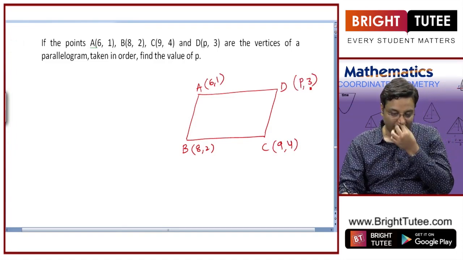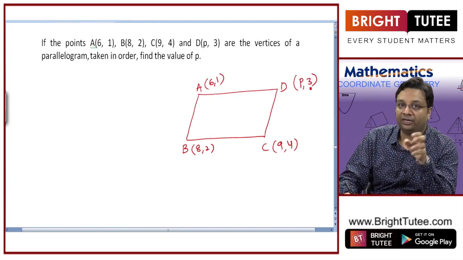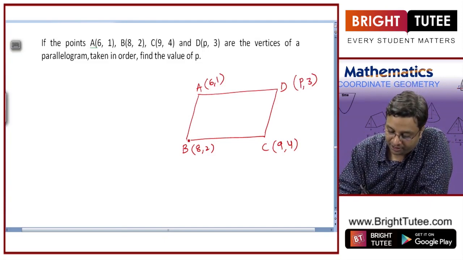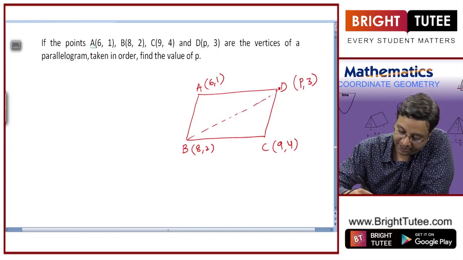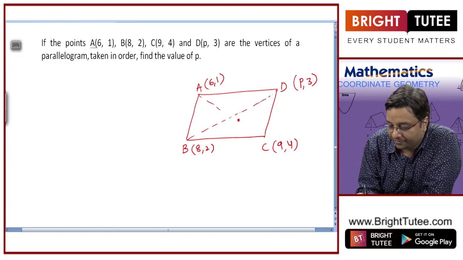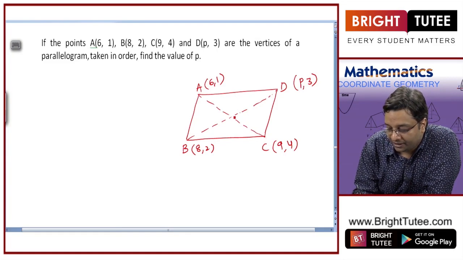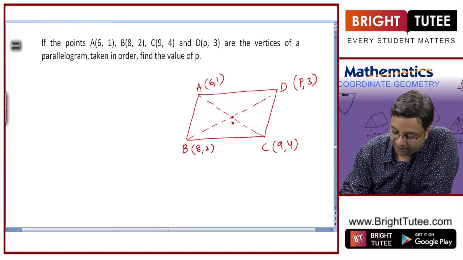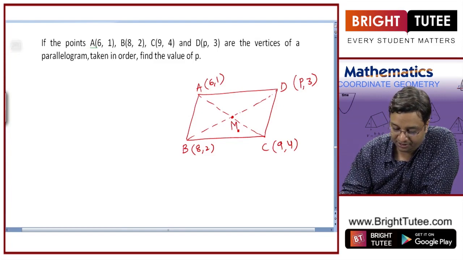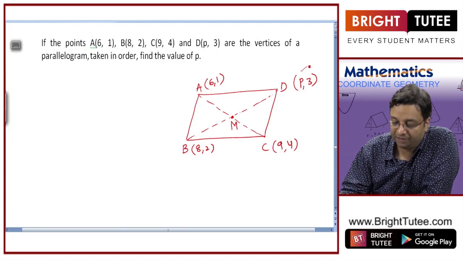Now the property of a parallelogram is that the diagonals of a parallelogram bisect each other. So let's make the diagonals, diagonal BD and diagonal AC. These diagonals bisect each other. So let's say this point is M. I am not taking P as we are already dealing with a P here.